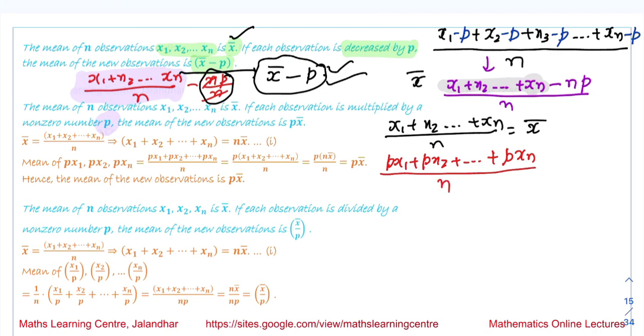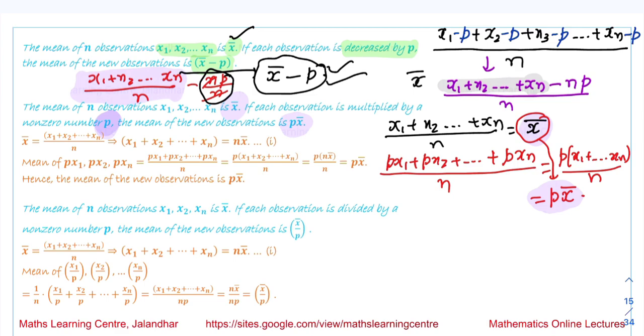The number of observations is n. If we take p common, it is x1 plus so on up to xn over n, and this value is x bar. So it is p times x bar. So if the n observations have mean x bar and each observation is multiplied with p, the new mean will be p x bar.